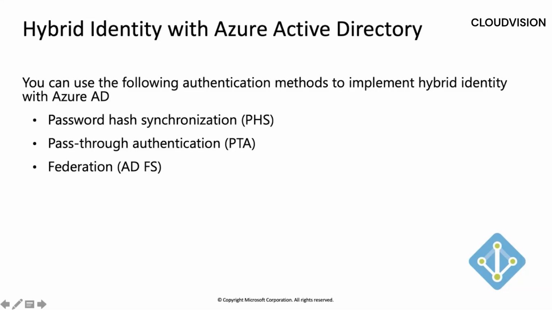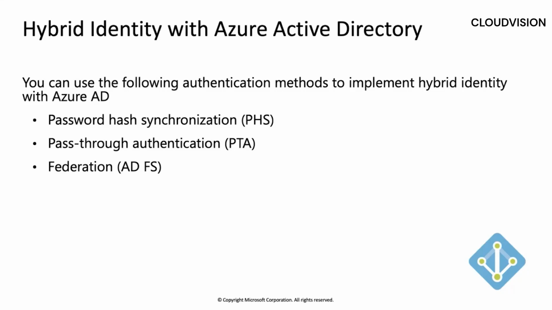And when it comes down to the hybrid, it becomes a key factor for the authentication methods, in which we discussed these three, which are password hash, pass-through, federation. So when it comes down to the setup, yes, they do have their own process of configuring, but at least you have some understanding about the product.